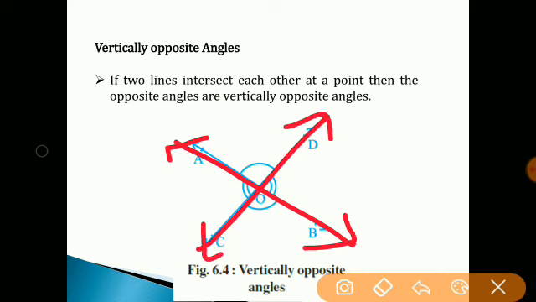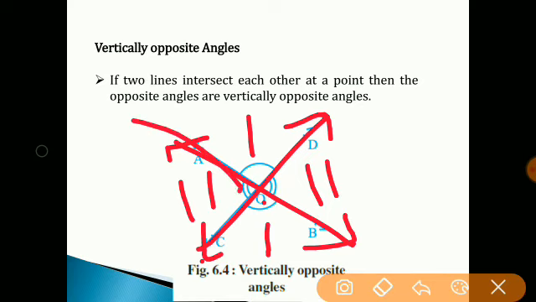So we have two pairs. The first pair is AOD and COB, both are called vertically opposite angles. Another pair is AOC and BOD. These both are also called vertically opposite angles.